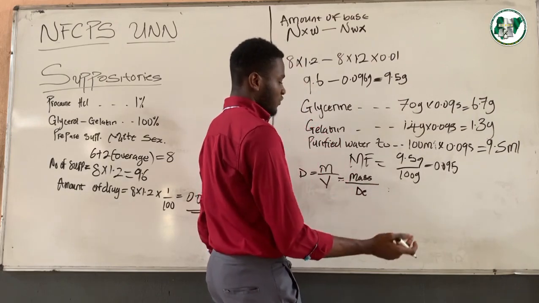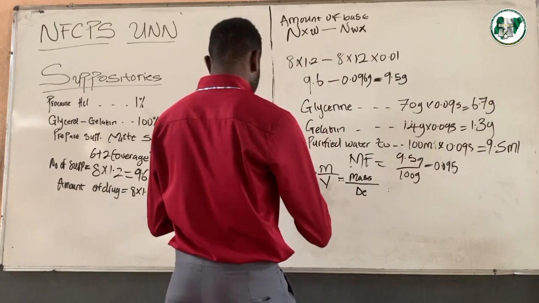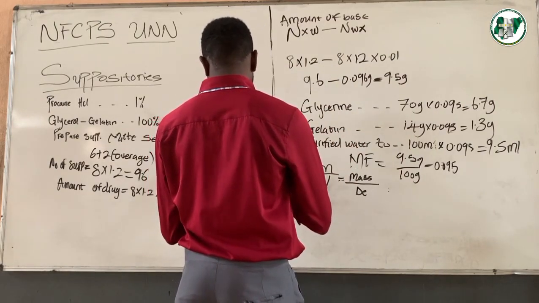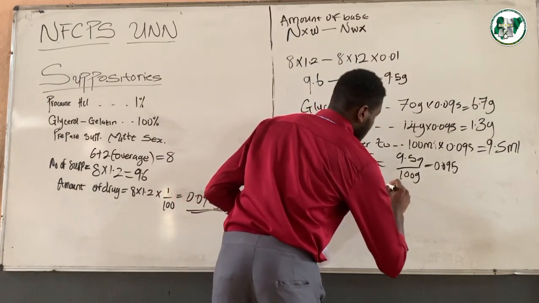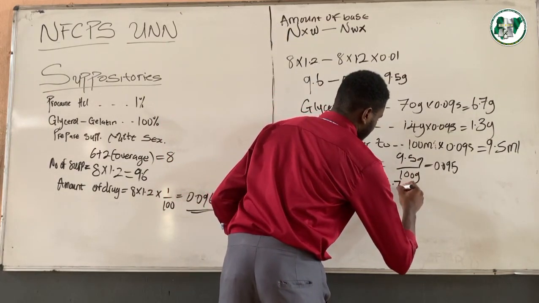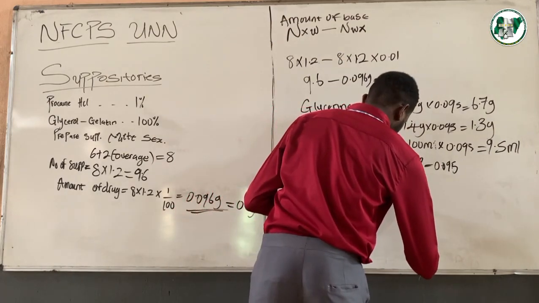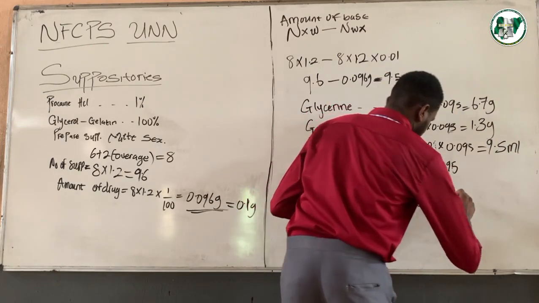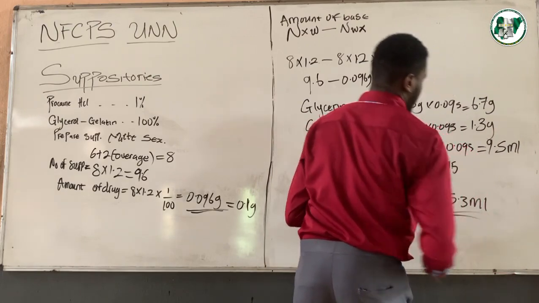Now you find the density of glycerin from your codex, and the density of glycerin is 1.2575, which is going to be 6.7 divided by the density of glycerin, 1.2575, which gives us a volume of 5.3 ml of glycerin.